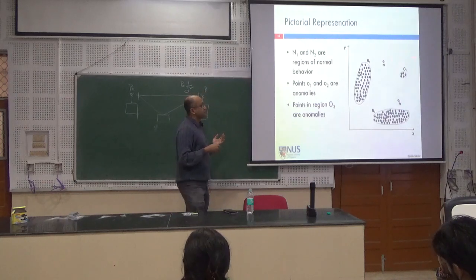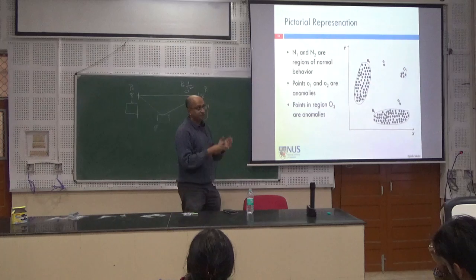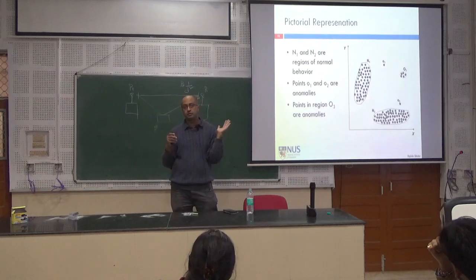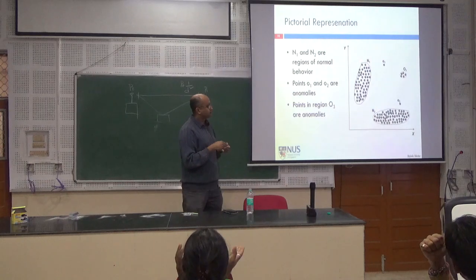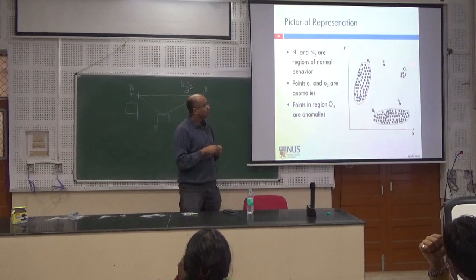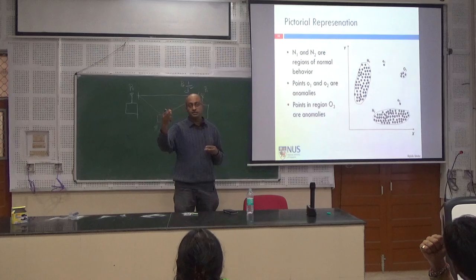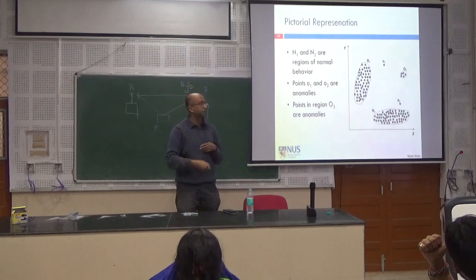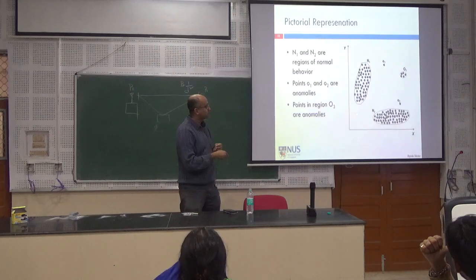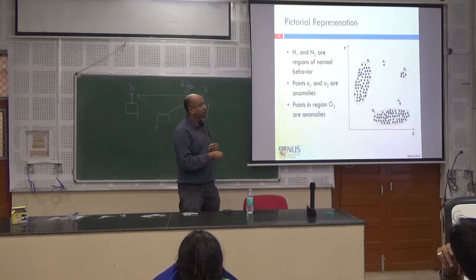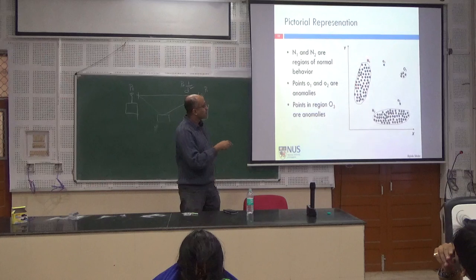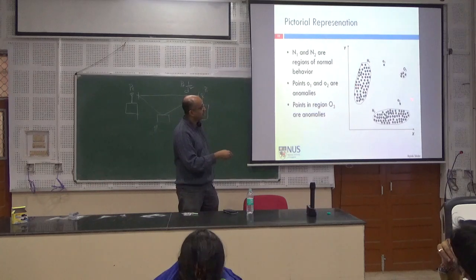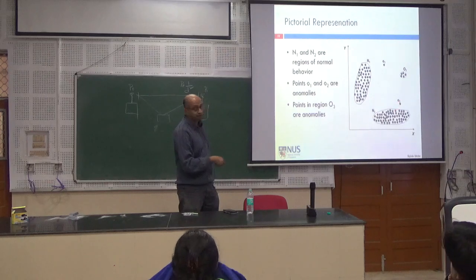The best case is if you can have a linear separation. You draw a straight line and that separates the normal from the abnormal. But here, what you can easily see is you cannot draw a single straight line that will accurately classify all the normal and the abnormal. If I draw a line like this, there are normal points on either side of the line. Even if I draw a line like this, this guy is in the normal class.